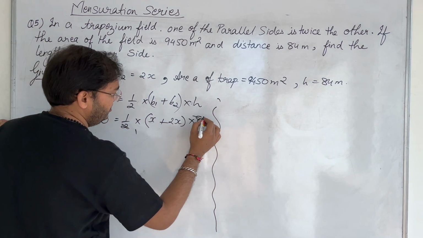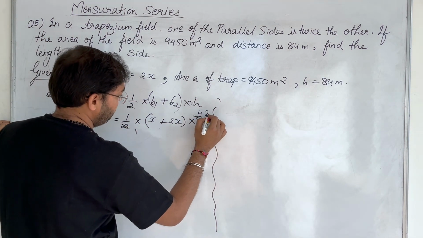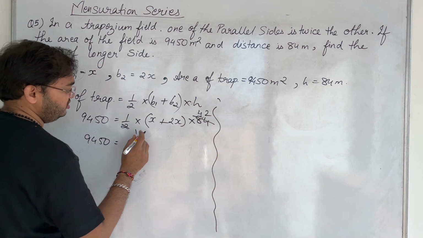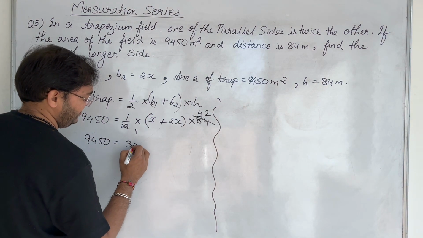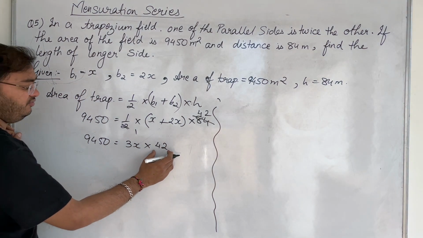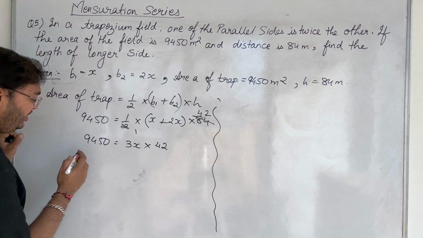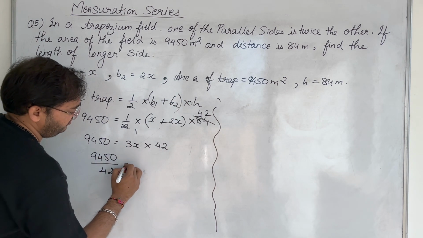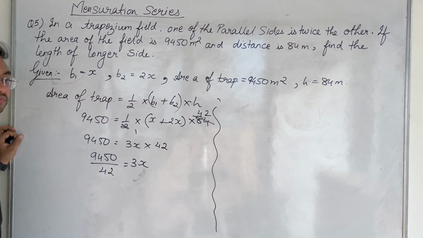So let's solve this whole question. Half of 84 is 42. So 9450 is equal to x plus 2x, which is 3x, into 42. As I want to find x, first of all I'll shift this 42 from right to left, so it will go in division, which is equal to 3x.